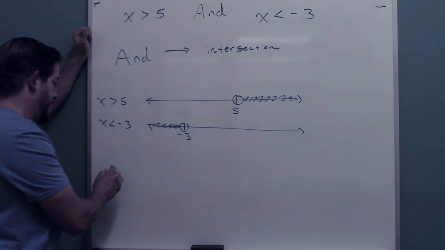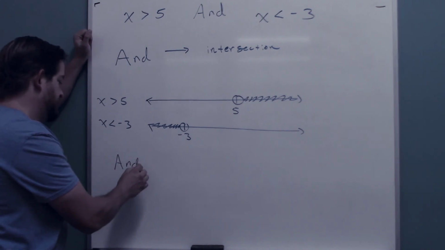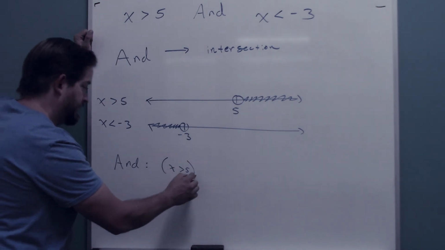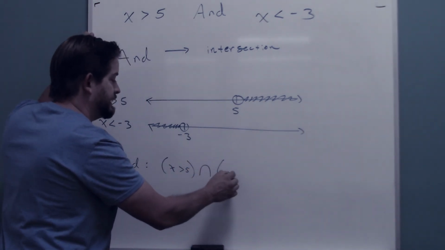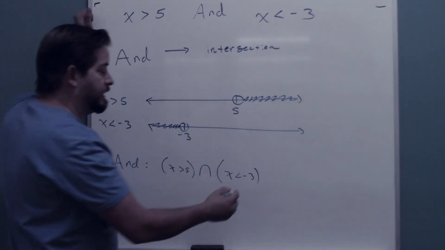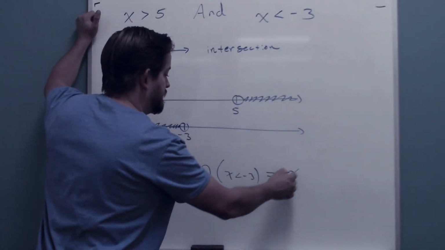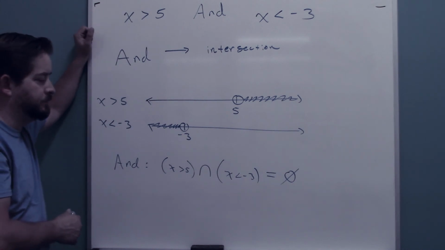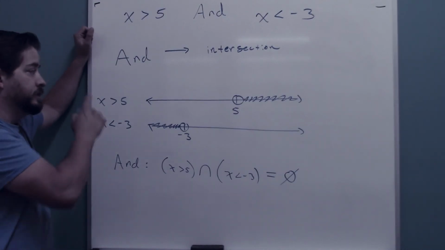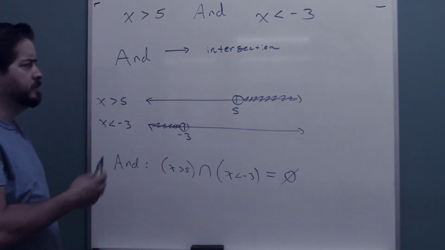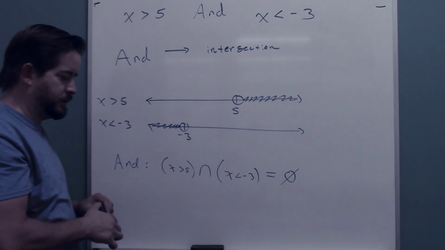So and means literally x is greater than 5 intersected with x is less than negative 3, but that's nothing. There's nothing there. The empty set, right? There's nothing in it. So that's what an and is, that intersection. We'll see some intersections that aren't empty, but let's take a look at or.